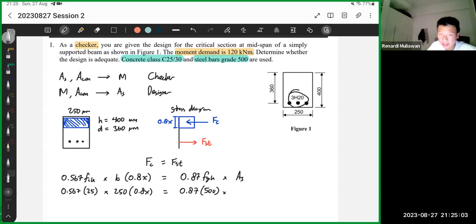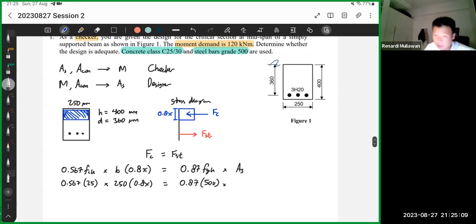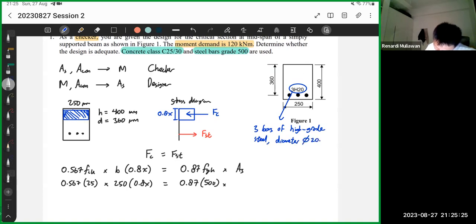Here 3H20. 3H20 means 3 bars of high grade steel, diameter of 20 millimeters. So that's the meaning.